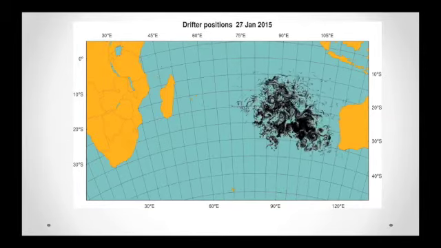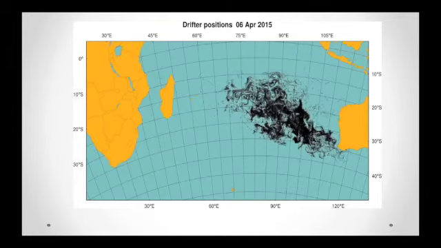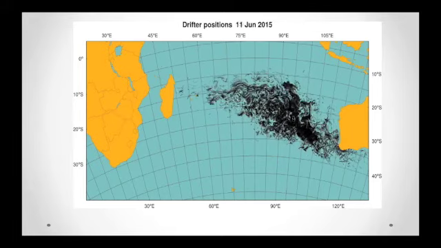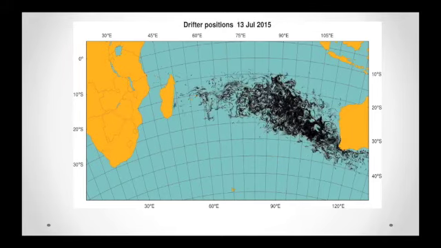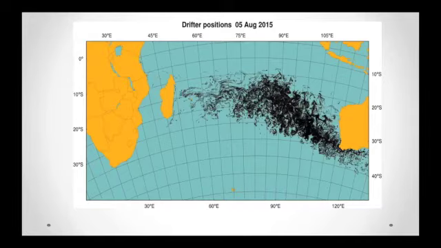There are always meanders, moving around. But the average movement will still go to the intended area, as we understand. You can see by July 2015, something had already arrived at Reunion Island. That's how we understand how this debris can actually reach there.